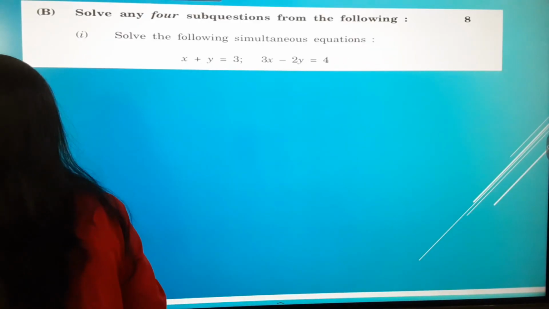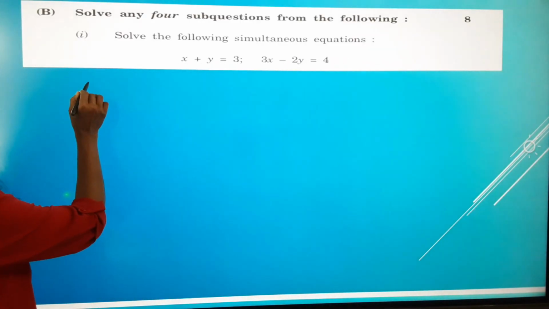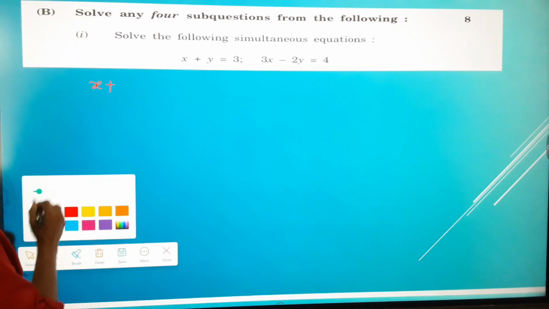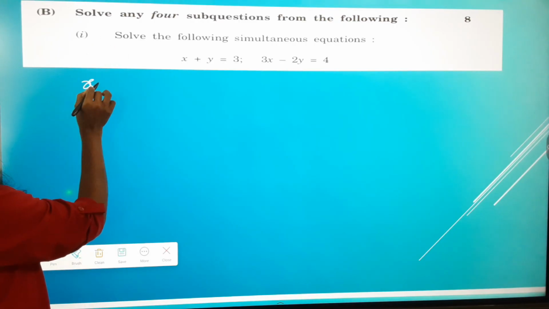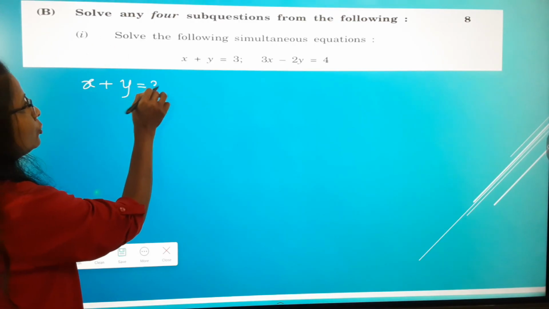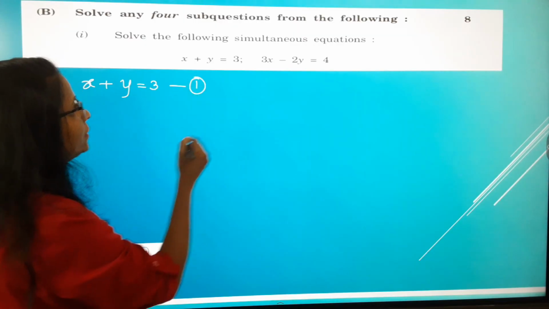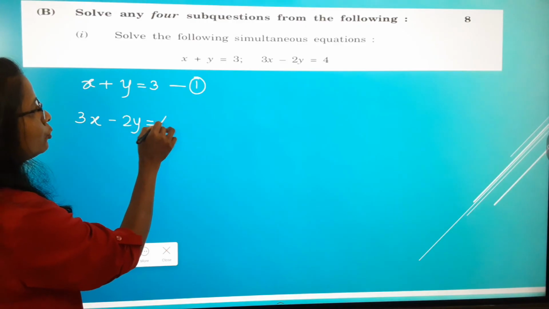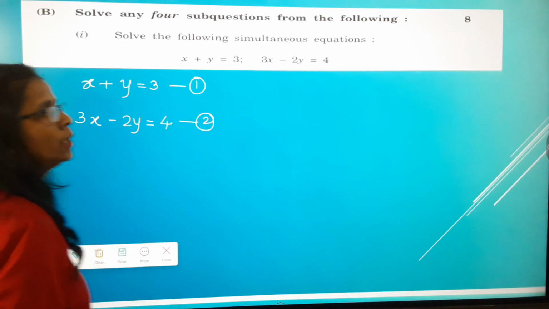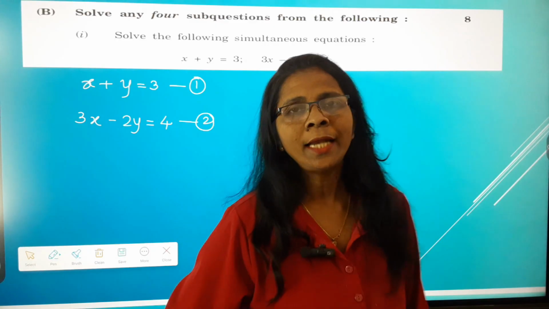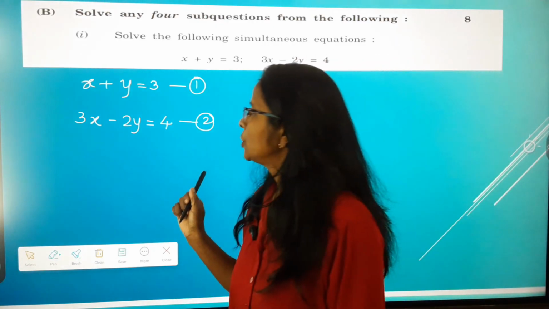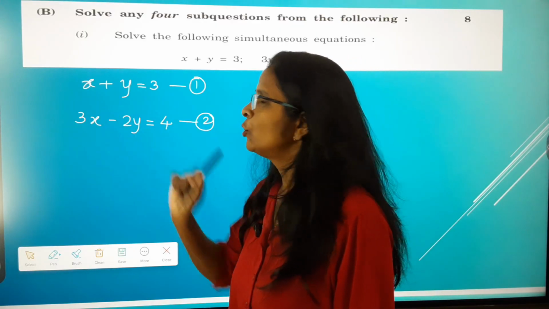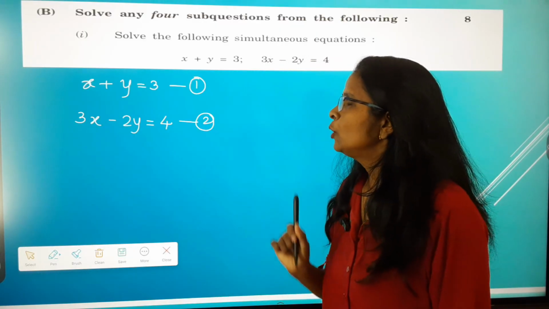So now here students, first we arrange this vertically. x plus y is equal to 3, call it the first equation, and 3x minus 2y is equal to 4, call it the second. If you check these two equations, the coefficients are not the same.